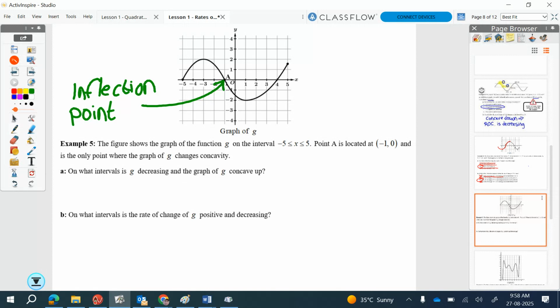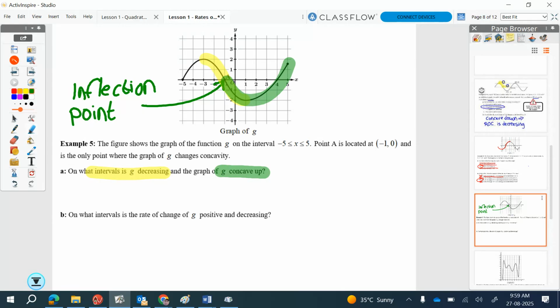On what interval is the function decreasing and the graph concave up? So the function is going to be, let me highlight those two areas. So if we're looking for on what interval the function is decreasing, the function is decreasing from here to here. Like this. If we also look at the same time on when it is concave up, it's concave up from here to here.